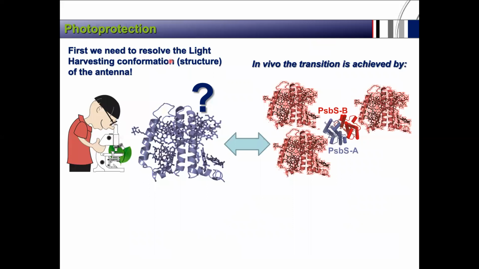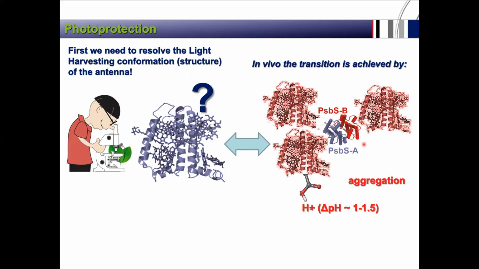In vivo, the transition between light harvesting and photoprotective states is achieved by the interaction of the light harvesting complex or antenna with a protein called PSBS, which induces protonations at the luminal space side of this protein under a pH gradient across the thylakoid membranes of 1 to 1.5.